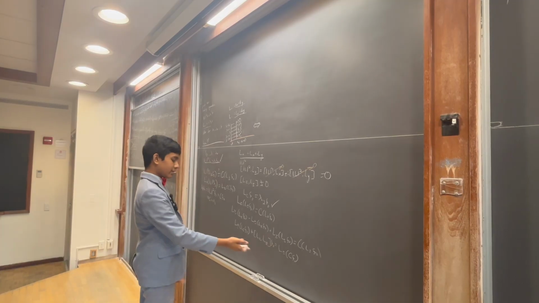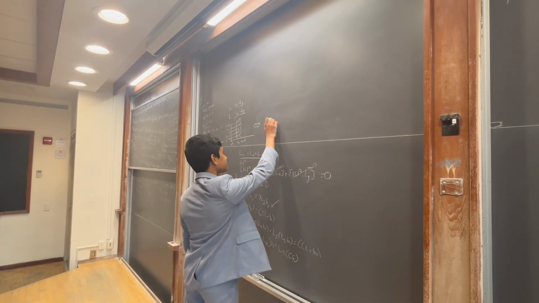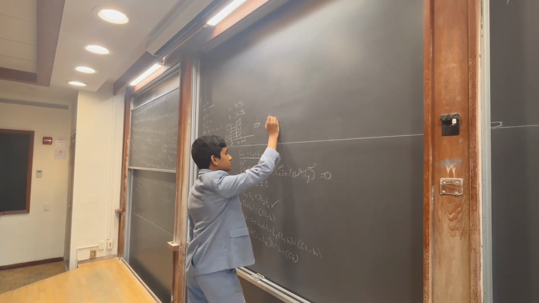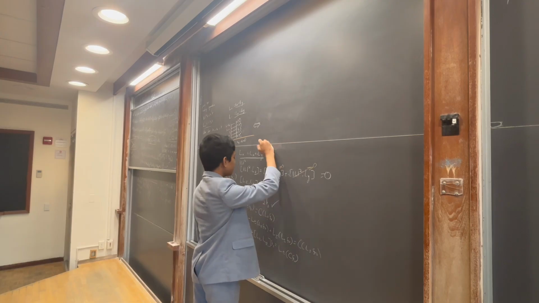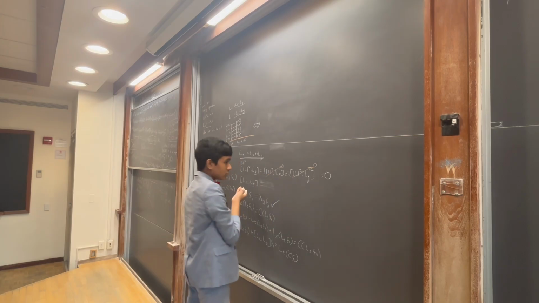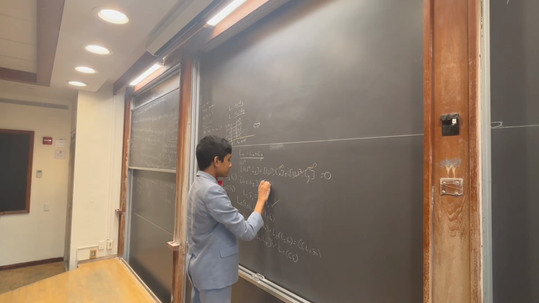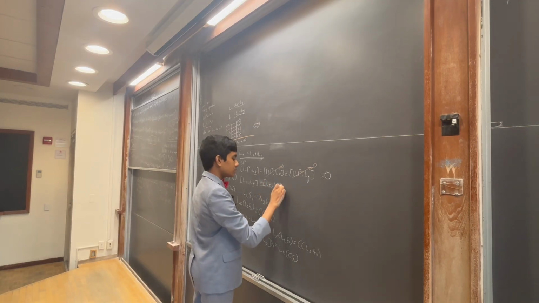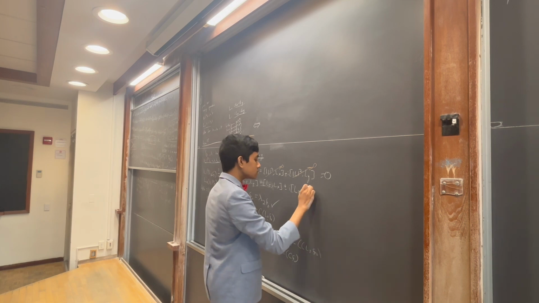Now, what's the commutator of LZ and L plus minus? We already have it here. It's equal to the commutator of LZ and LX plus minus I times the commutator of LZ and LY.